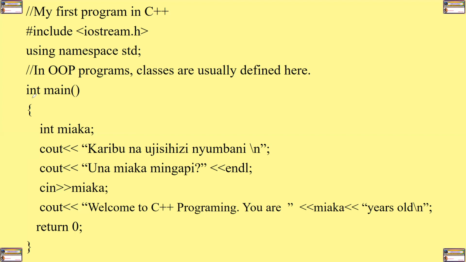Normally we write it as int main because of this return value. You have int here because the function is going to return a whole number, in our case, the integer 0. If you have void here, then the return statement may not be included.